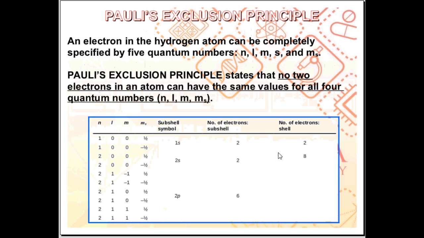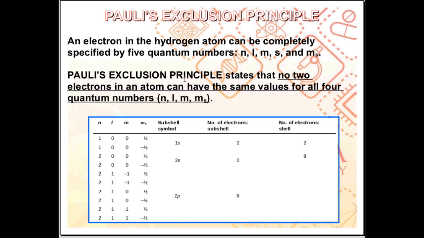Next, we have the exclusion principle, or Pauli's exclusion principle. An electron may be completely specified by the 5 quantum numbers that we have covered so far. This is particularly applicable for the hydrogen atom, but we can also apply it to electrons of other atoms.